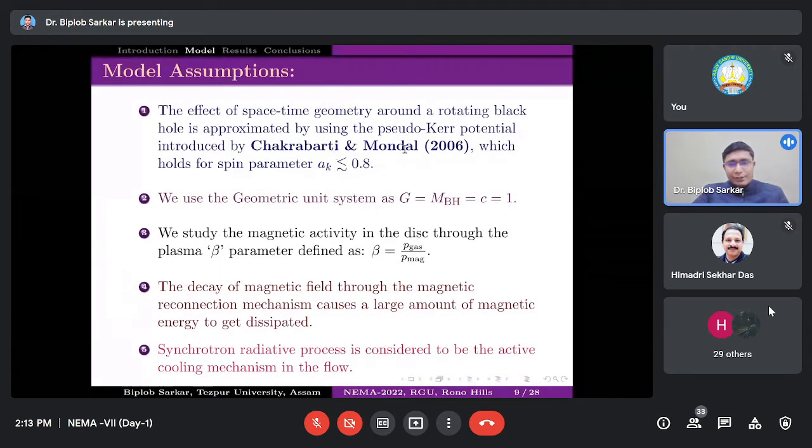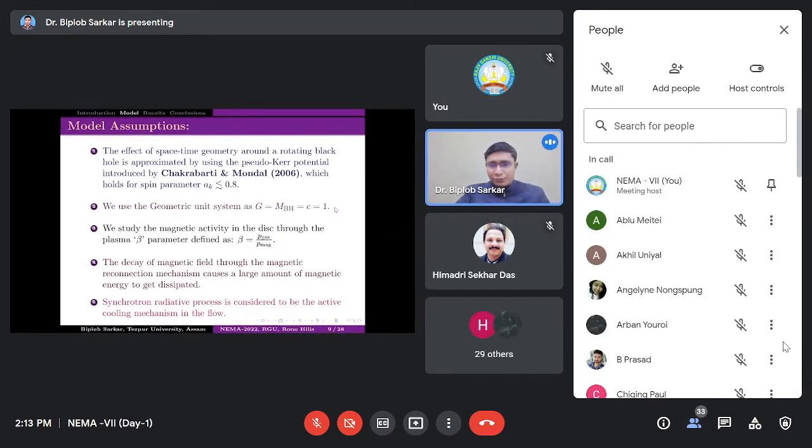The Chakrabarti and Mondal 2006 pseudo-Kerr potential can effectively mimic the space-time geometry around a rotating black hole for spin parameter a_k less than or equal to 0.8. And we use the geometric unit system where the gravitational constant, mass of the black hole, and speed of light are all considered to be unity.